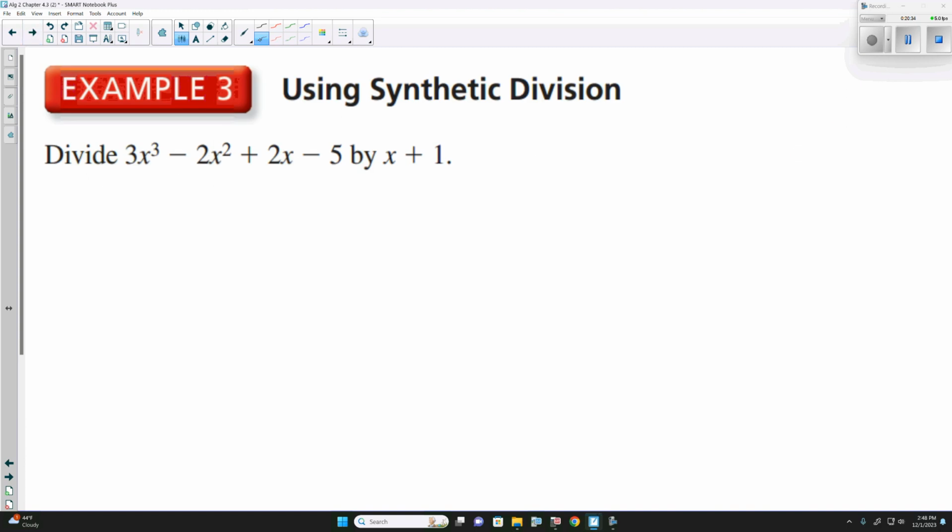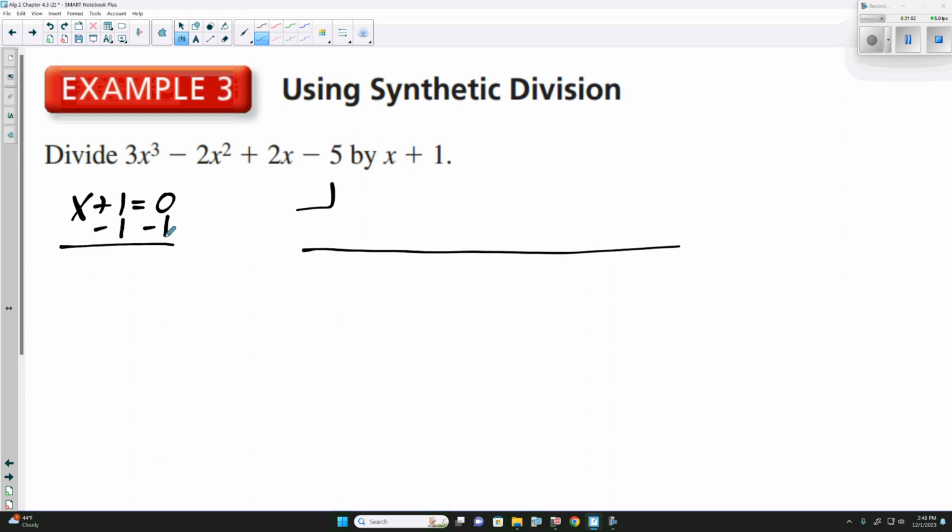Up to this point, we've dealt with synthetic division when we had a number in front of the x, in our case, of the part that's being divided. Now we're going to look at one where we actually do have a remainder, because all the ones we've done up to this point have divided evenly. And having a remainder is not going to make any real big change.